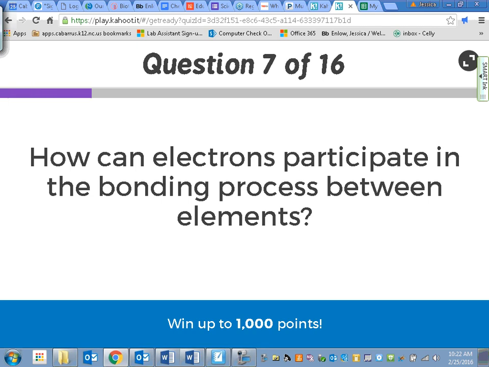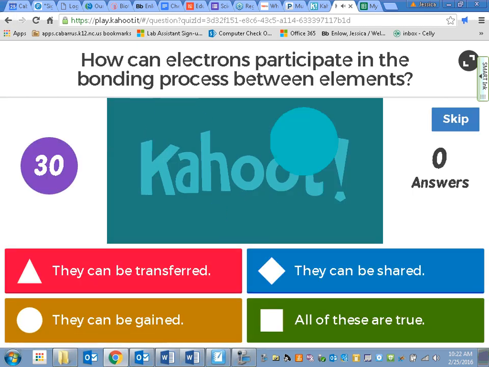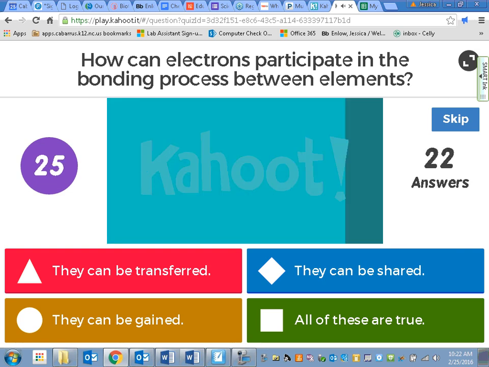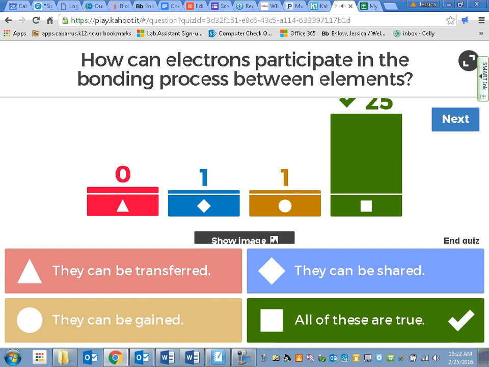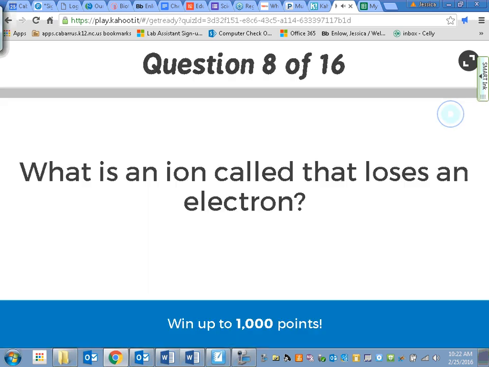We'll go into that in more depth. How can electrons participate in the bonding process between elements? Good. Okay, all these. Yes. Okay, you see the theme here. So they can really do anything. It depends on the type of bond.